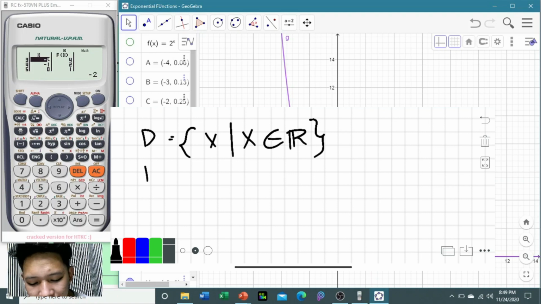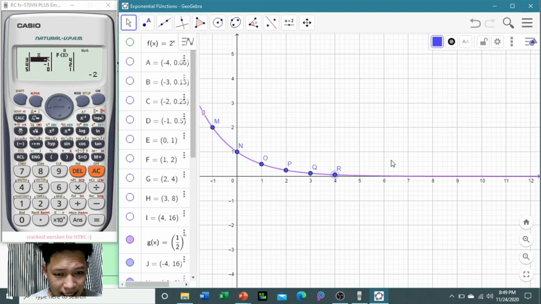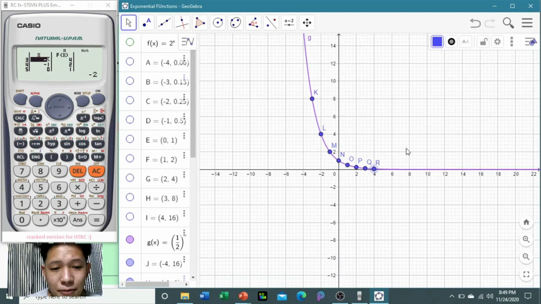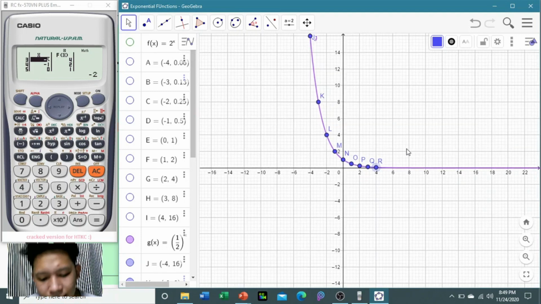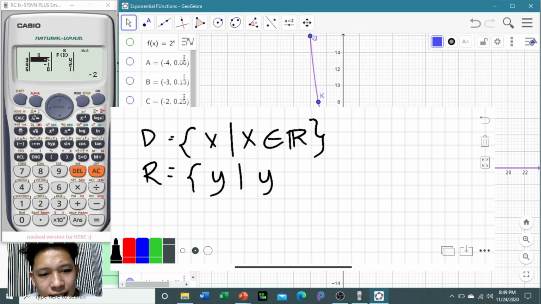And then our range, if you would notice, hindi po siya nag-cross kay x-axis. So, hindi po siya bumaba sa negative value kay y-axis. That is why our range should be what? Our range should be all sets of y such that y is greater than 0.